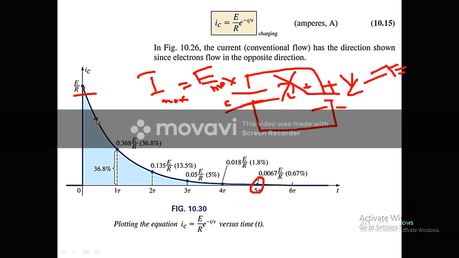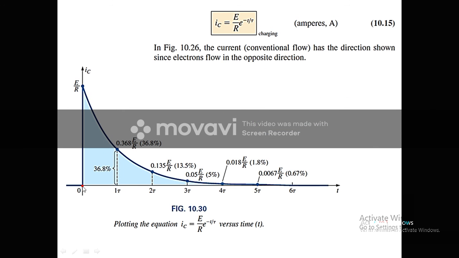Here is the graph for Vc. At the start we have 0 voltage across the capacitor, so the potential difference is maximum, so the current is maximum.